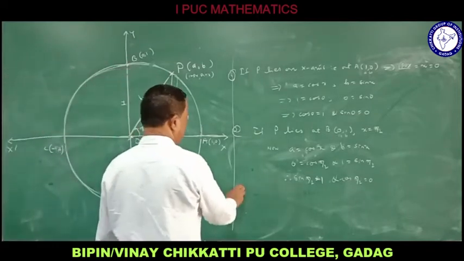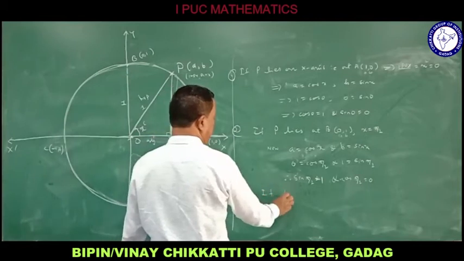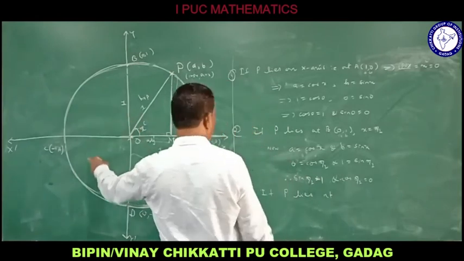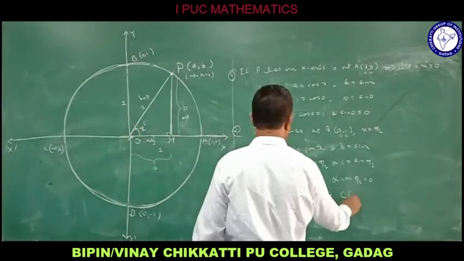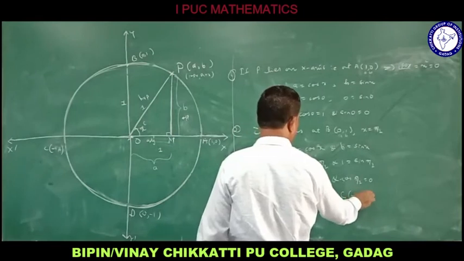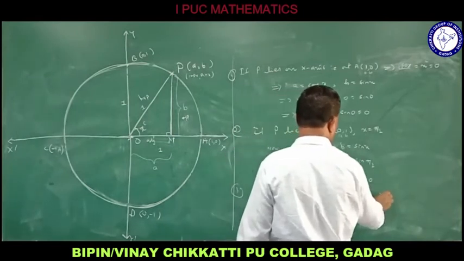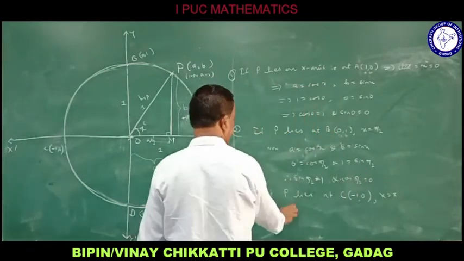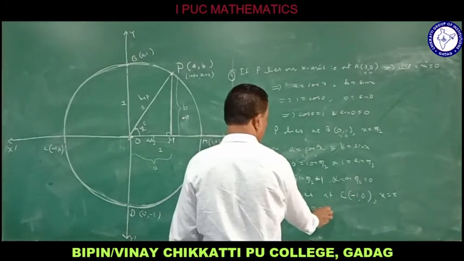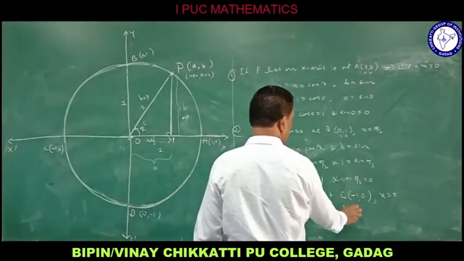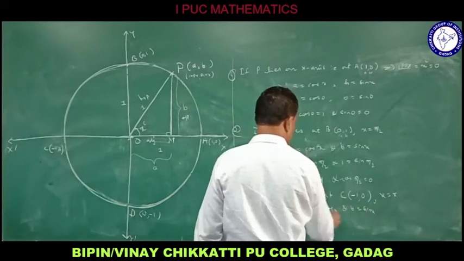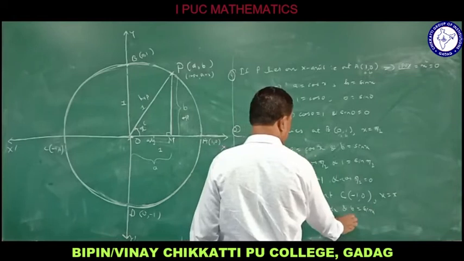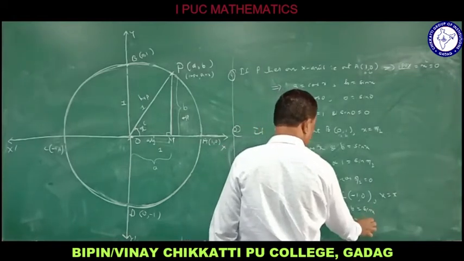Third one: if P lies at C, what are the coordinates? C is (-1, 0). What is X? X is equal to pi, 180 degrees. Now A is equal to cos X and B is equal to sin X. A means minus 1 is equal to cos pi, and B, 0, is equal to sin pi.